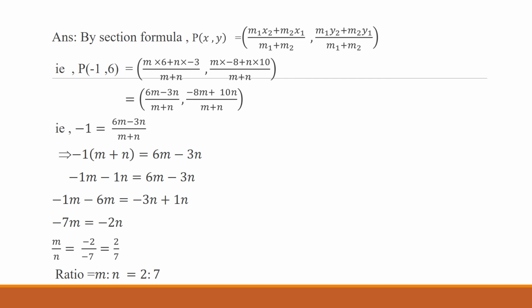Taking the m to the left hand side and n to the right hand side, we have negative m minus 6m equal to negative 3n plus n, which is negative 7m equal to negative 2n. To find the ratio, m by n is equal to negative 2 by negative 7, which is equal to 2:7. Therefore, we can say the ratio in which the point divides the line segment is 2:7.